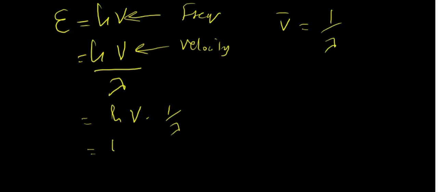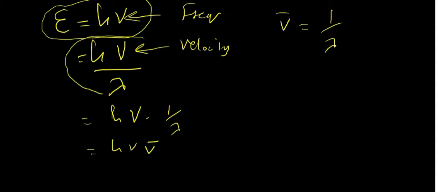And we know that 1 over wavelength is the wave number. So where there's 1 over wavelength, we can put the wave number. Therefore, energy can also be calculated by Planck's constant times velocity times the wave number. So this equation is very important for us to know. We should be able to master this. At least if you don't want to master it, know it.